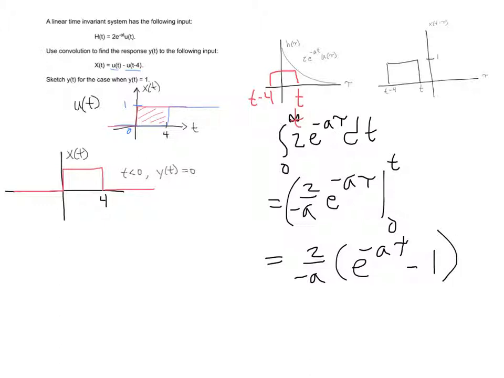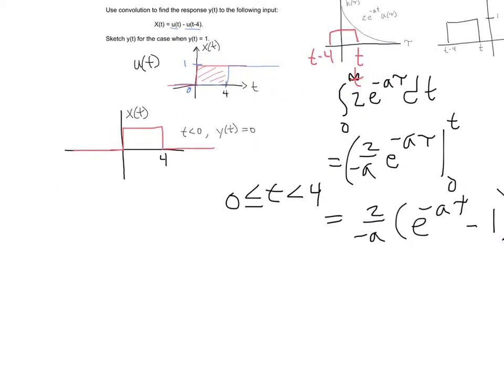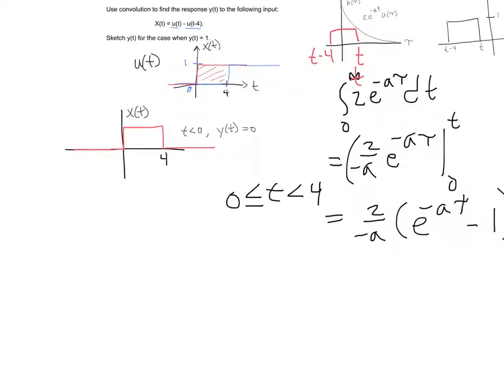So you got that right there for your first domain for t greater than or equal to 0, less than 4. So let's write it out. We've got our output when convolving these two together is 0 for t less than 0 because of the step function.